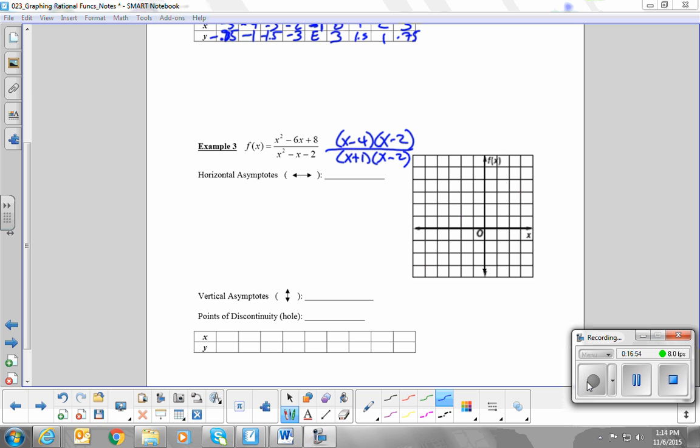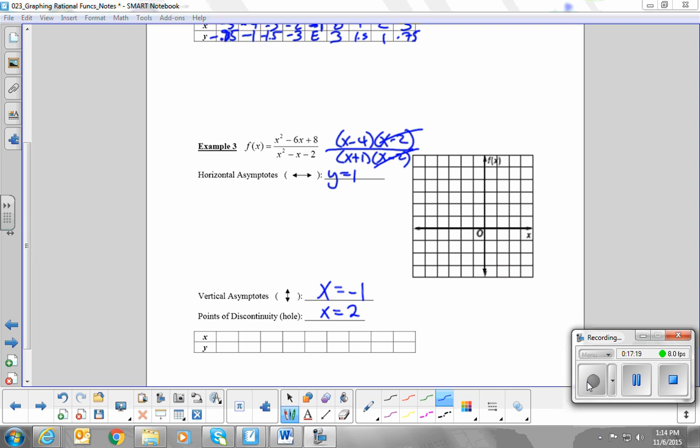Any horizontal asymptotes? Yeah. 1. And what do you think, Jackie, about vertical asymptotes? X equals negative 1. And the hole? 2. Good.